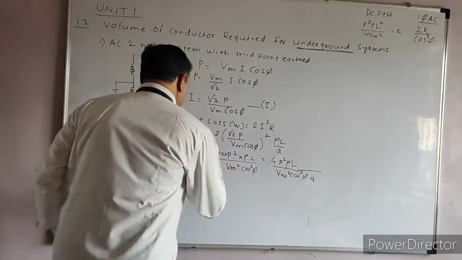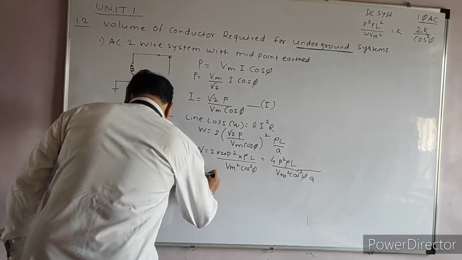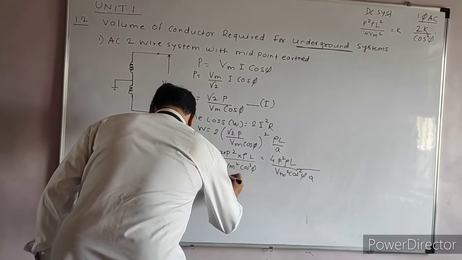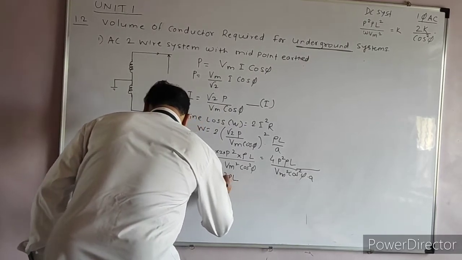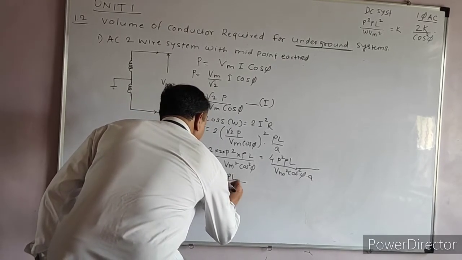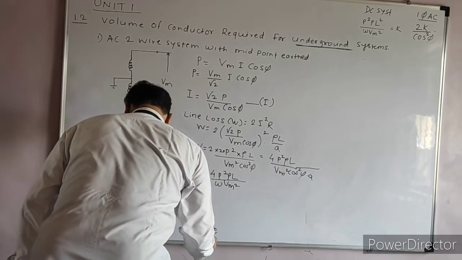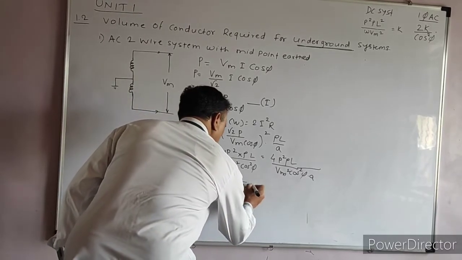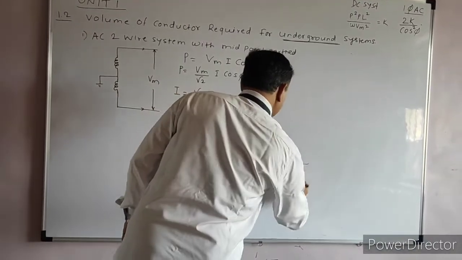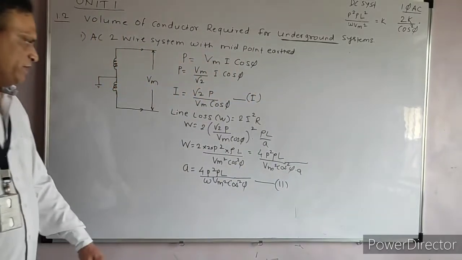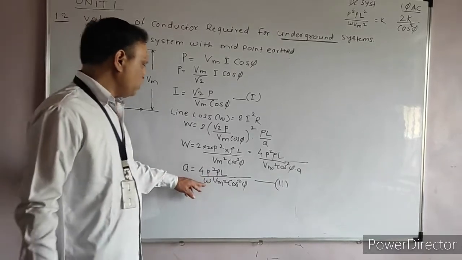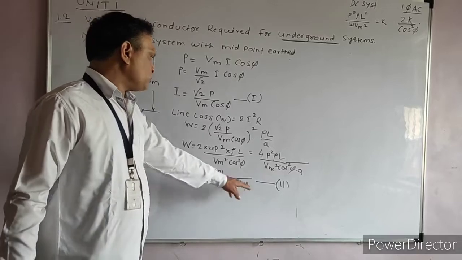So from the cross multiplication, you will get the value of area as 4 P² ρL upon W Vm² cos² φ. Say this is the second equation. I have calculated the value of area as 4 P² ρL upon W Vm² cos² φ.